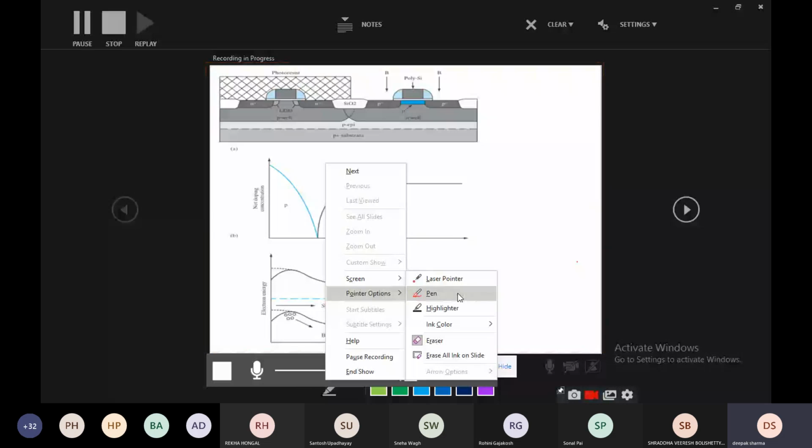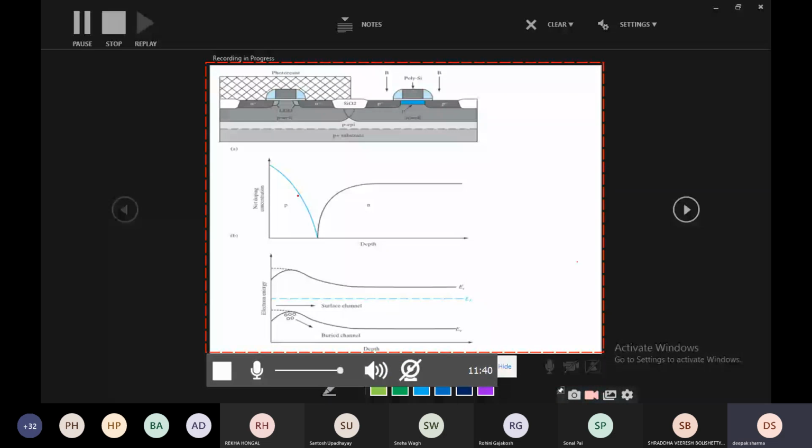For P type MOSFET, we have comparatively high net doping concentration versus depth, right? And for N channel MOSFET, it is comparatively lesser than the P type.